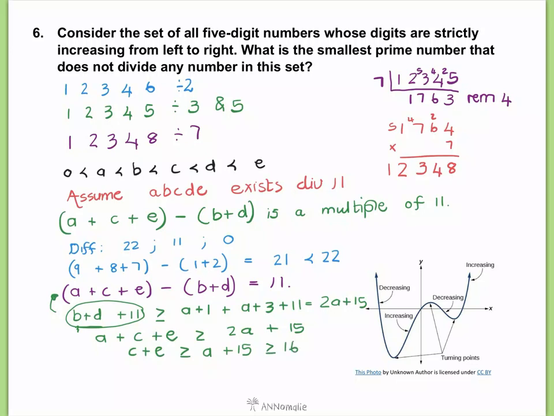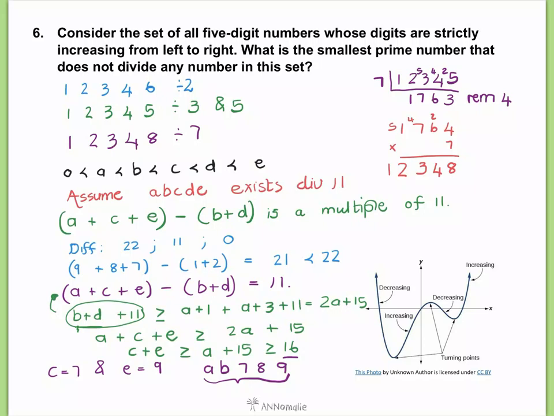Looking at which values give me 16, C must equal 7 and E must equal 9. That is basically the only solution. So if I write A, B, 7, 8, 9, that is then my number.